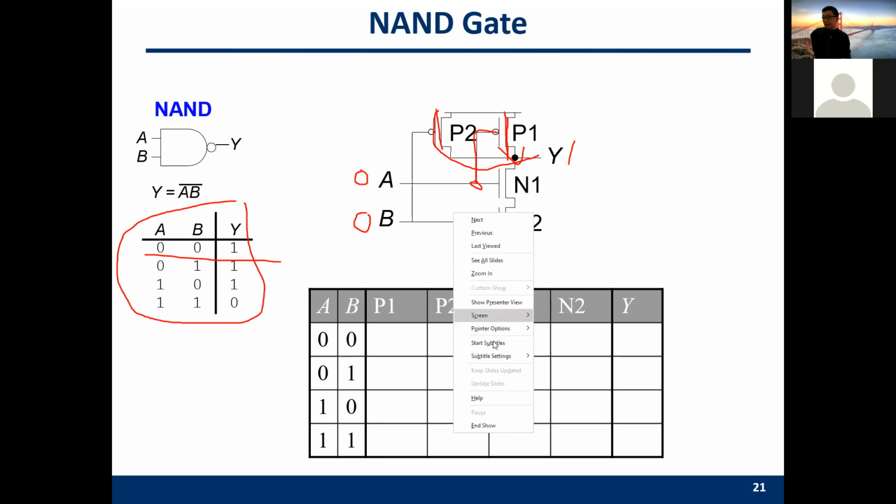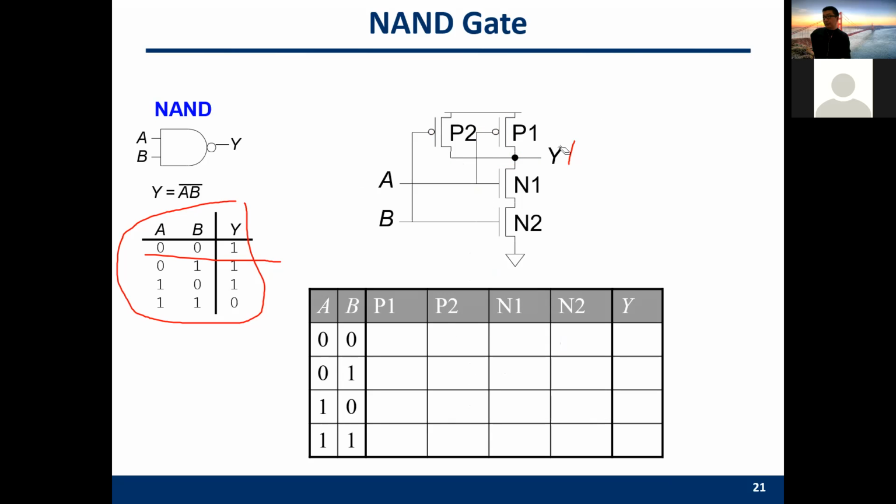We can continue to analyze a more complex example. So assume A is a 0, B is 1. What will happen? This one will open. Nothing can pass through this gate. This one is closed. Although this one is closed, 0 can pass through this gate, but when 0 reaches here, nothing can pass through. So this 0 cannot go to the Y. This is a 0, so this one is also a 0.